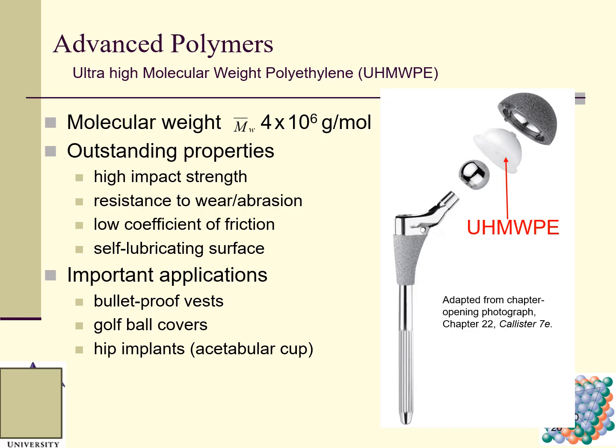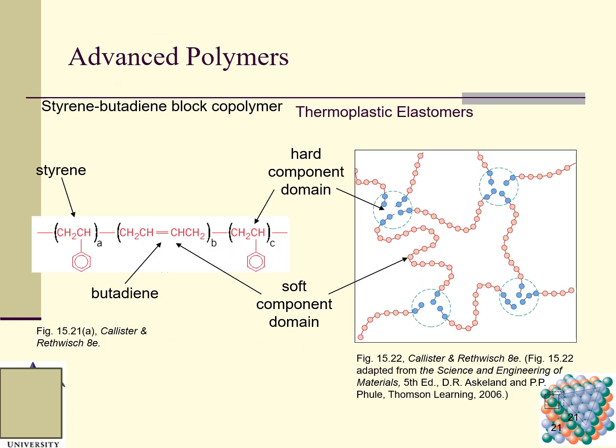That is very awesome. So this is very useful for implants. Important applications: bulletproof vests, which can be provided to police officers or our soldiers, golf ball covers, and hip implants. So this is very important.